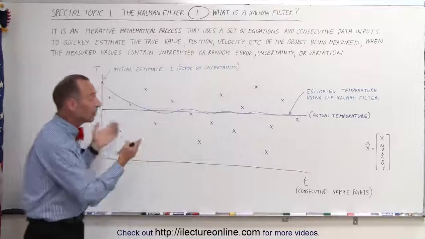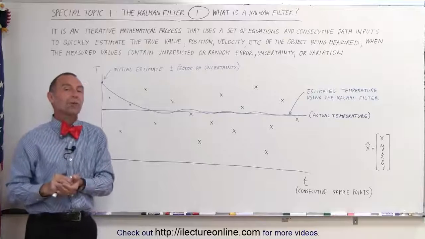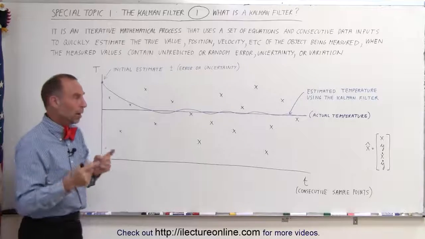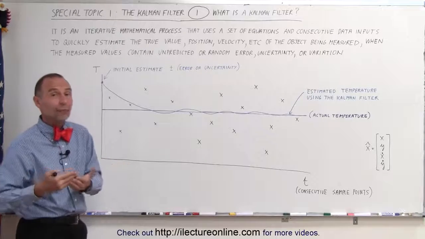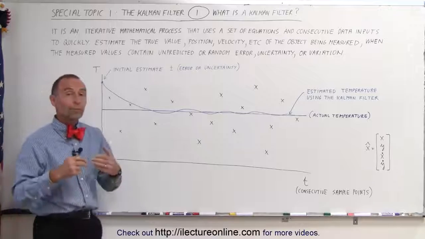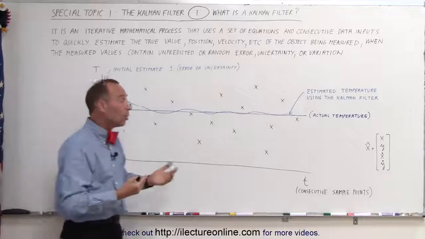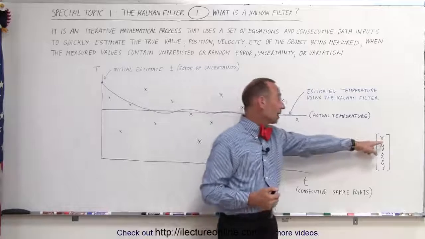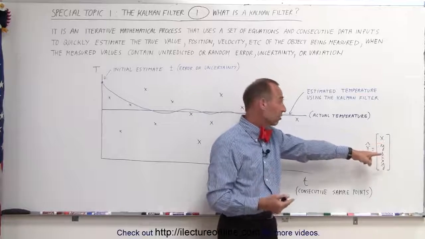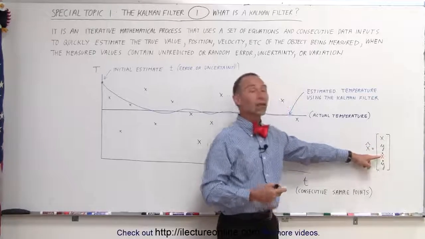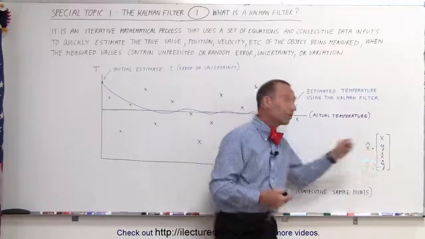Now, in this example there's only one measured value we're after, the temperature. However, this can be used, especially in radar technology or GPS tracking satellites. We need to know the target that we're tracking: its position in the x direction, the position in the y direction, the velocity in the x direction, the velocity in the y direction.